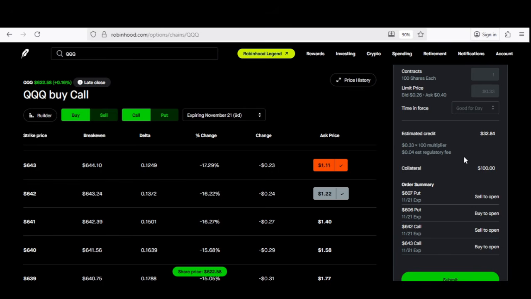With high trading volume, it's easy for you to get into the trade and easy for you to get out of the trade. If you do decide to do the Iron Condor on a stock that's not traded very frequently, you're going to find it rather difficult to get in and out of the trade. And more importantly, you're going to find it hard to make some decent income because the bid and ask price is going to be a lot wider. So just remember that before you go ahead and implement this Iron Condor.